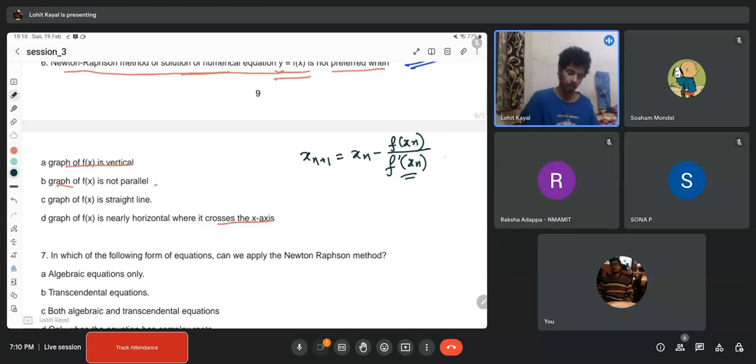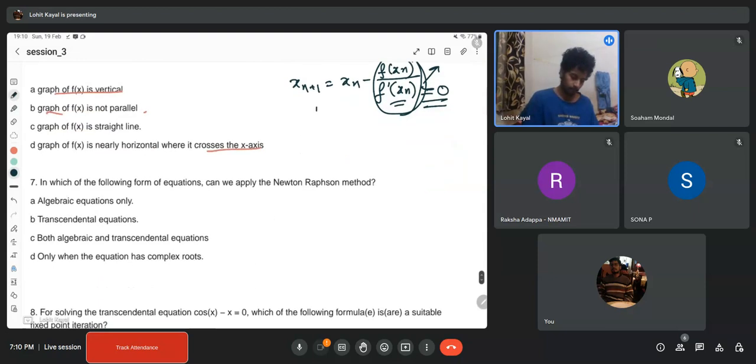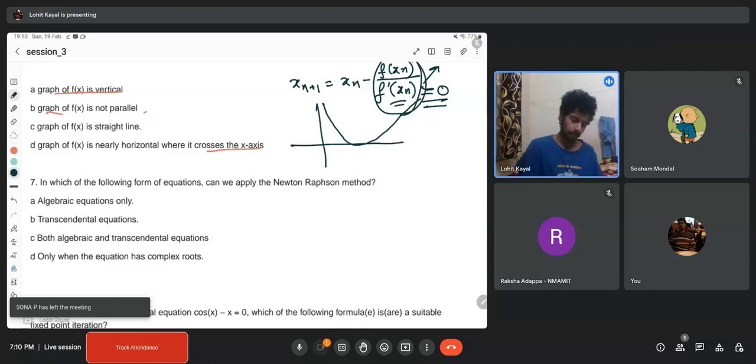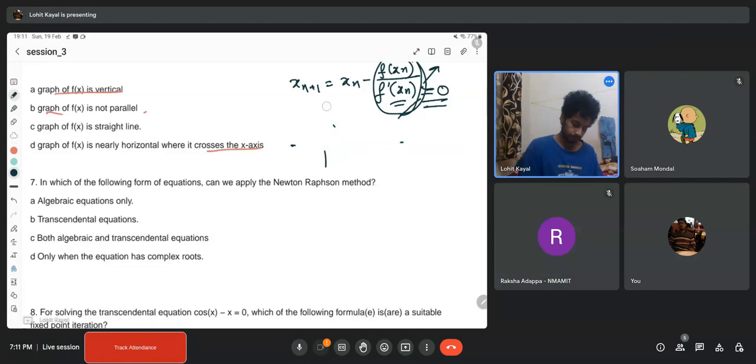Now at the root, if this value is 0, then these things become infinite. Then we will not be able to find any root in that case. Graphically, suppose I have a function like this, and there is a flat line around this x equal to 0.